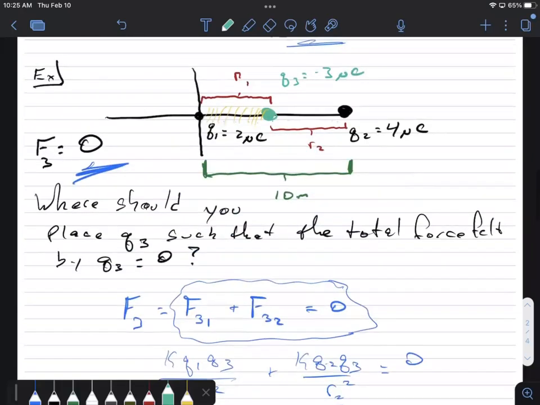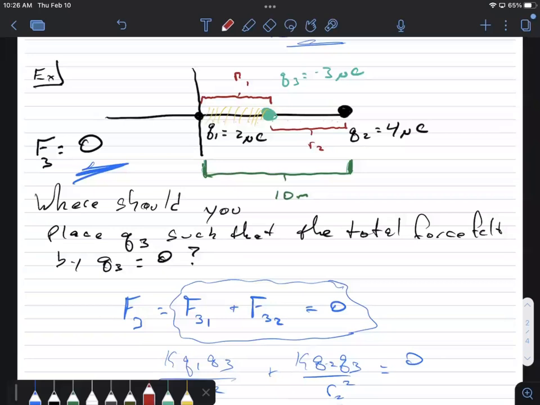Same thing here for R2. What I want is R2. What I know is the total distance is 10 from the origin to Q2. But that's too much. All I want is R2. So I have to take away the piece that we don't care about, which in this case is R1.